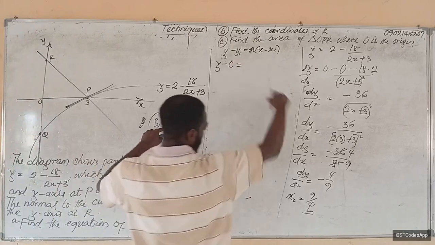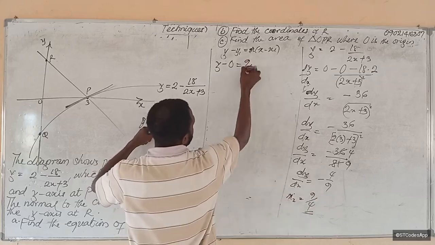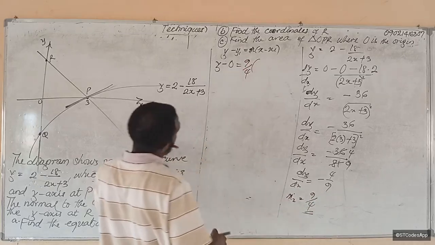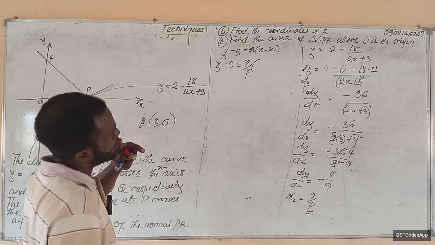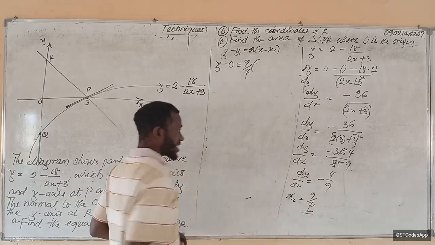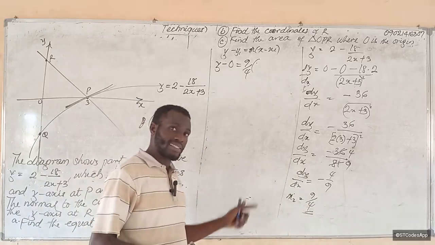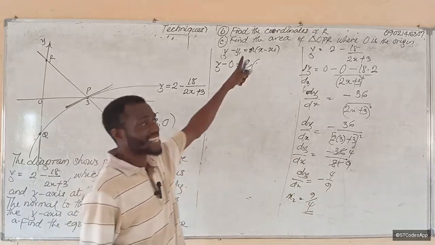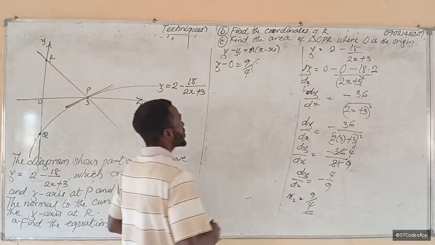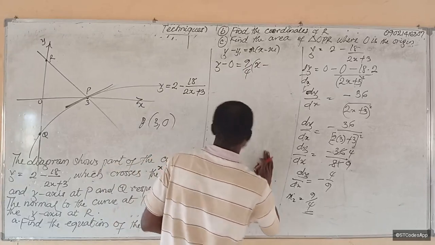So y minus 0 equals m, the gradient of the line, which is 9 over 4, into bracket x minus x1. Now remember, don't use the gradient of the tangent. Use the gradient of the line here. What is x1? We got it to be 3.